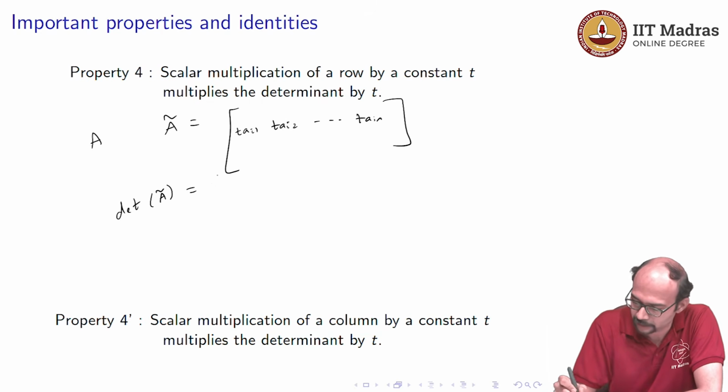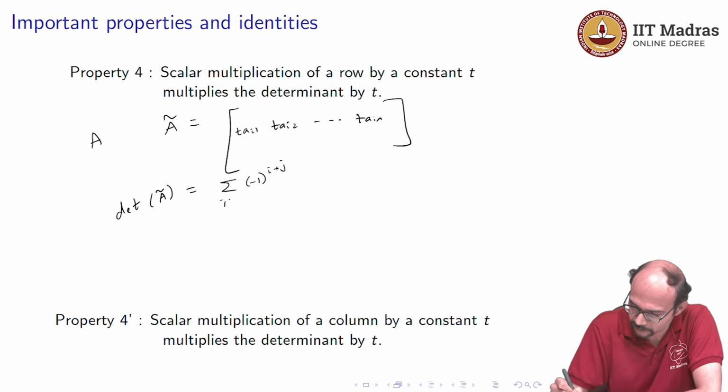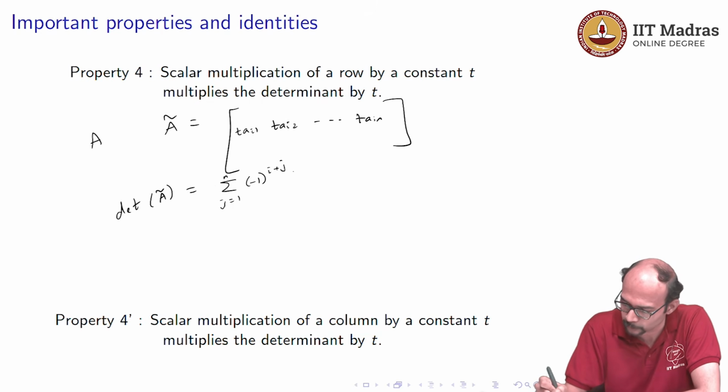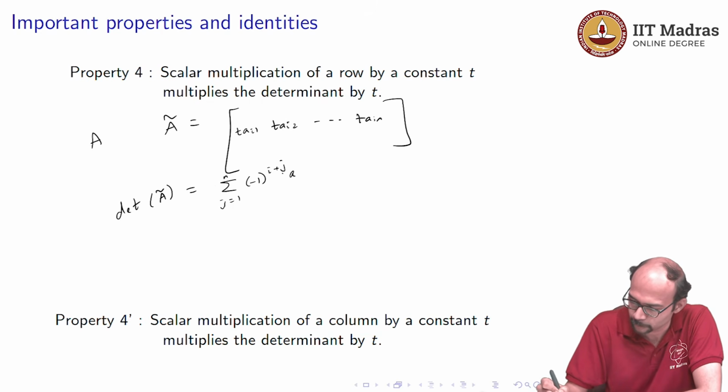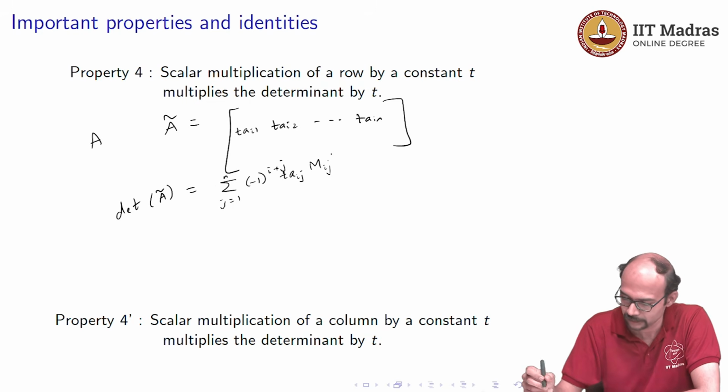So determinant of A tilde, expansion along the ith row gives us summation of minus 1 to the power i plus j, j runs from 1 through n. Maybe let me do this proof so that you get an idea of how to prove such things. So t times aij mij.